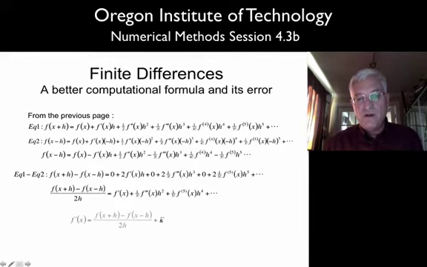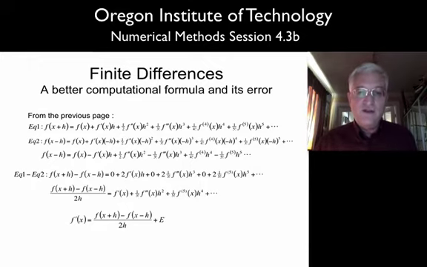So if we just rewrite that again, here's our f prime of x equals the computational formula, and I subtract all the other junk to the other side, it becomes an error term whose leading polynomial term is second order. Now, if you take a small value of h and you square it, you get a really small value.